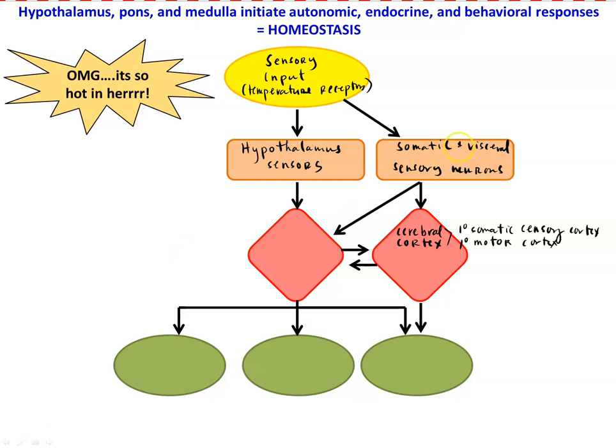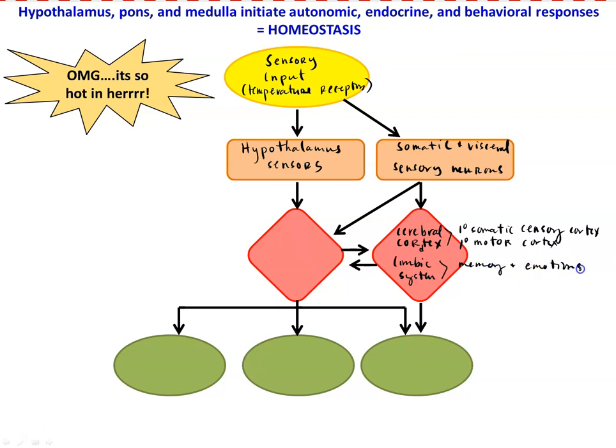Now, these somatic and visceral sensory neurons, secondary and tertiary neurons that are bringing the message right to the cerebral cortex, are also going to synapse to the limbic system. Why the limbic system? So remember, what's in the limbic system? This is memory and emotions.